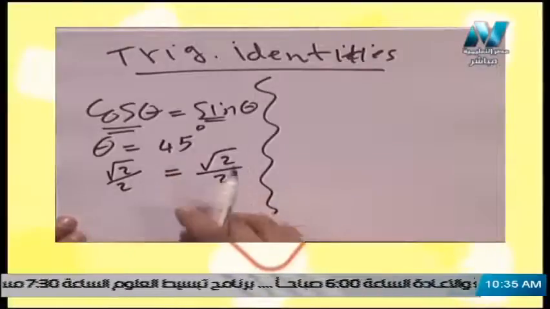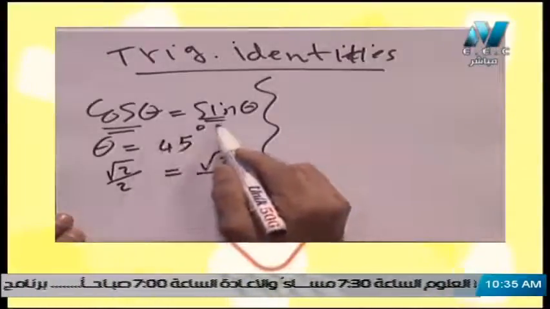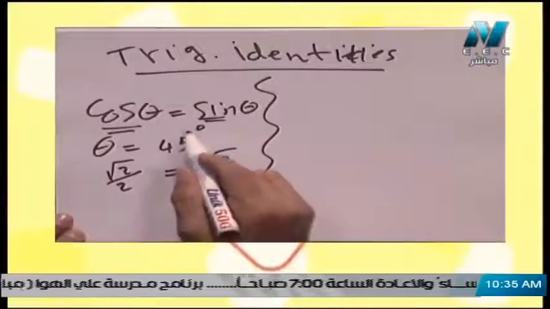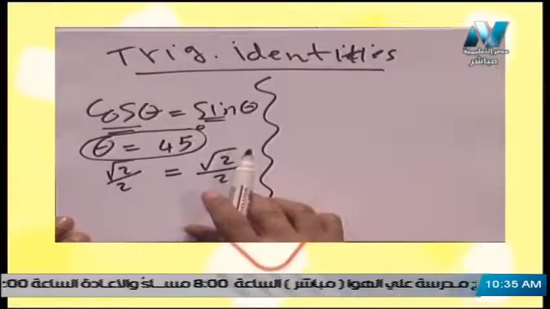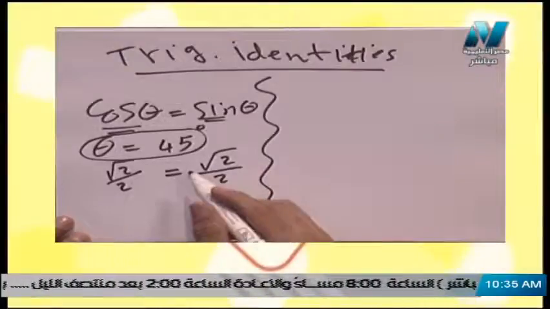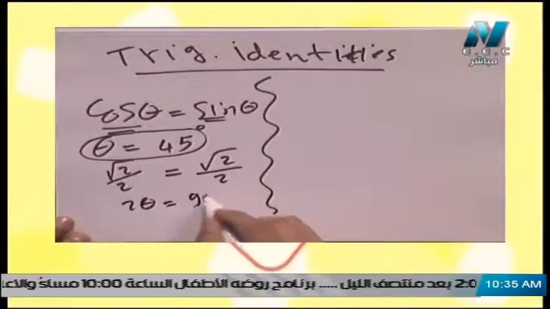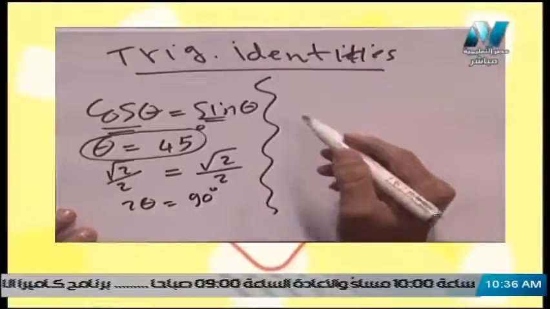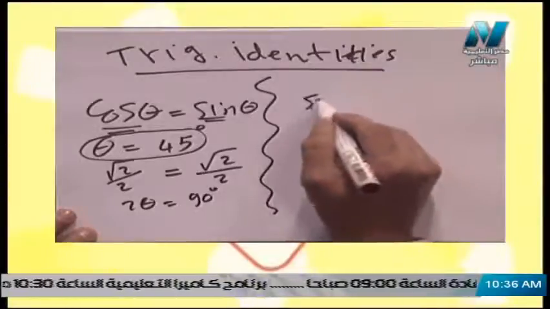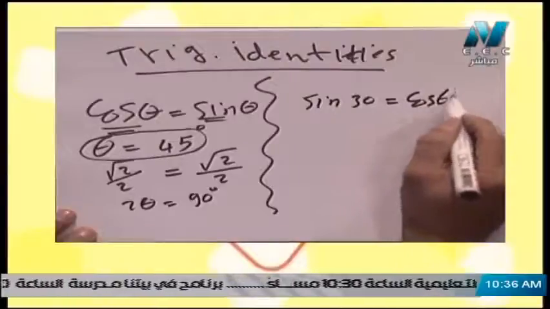So it's an equation, because cosine theta equals sine theta only when theta equals 45, or when 2 theta equals 90 degrees. And also we can say that sine 30 equals cosine 60.